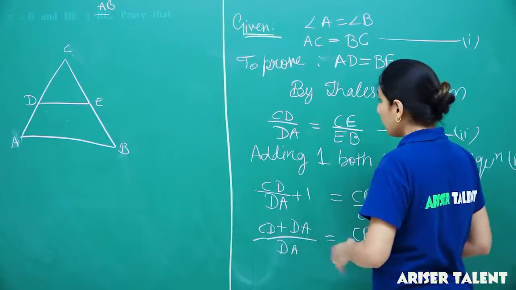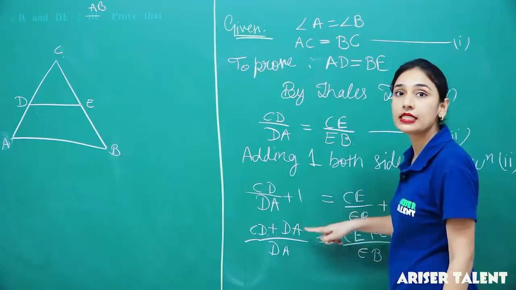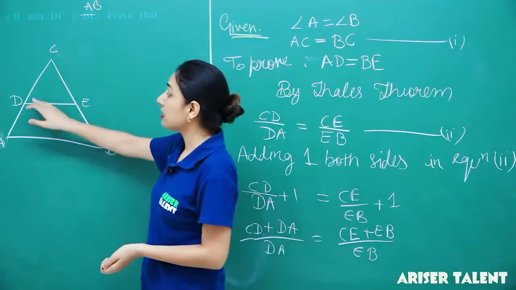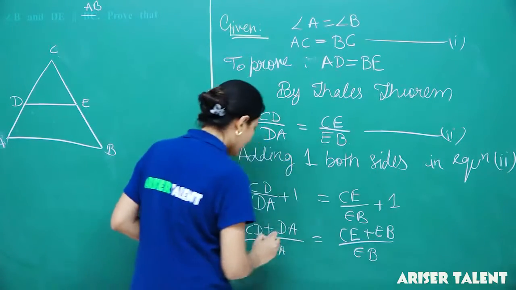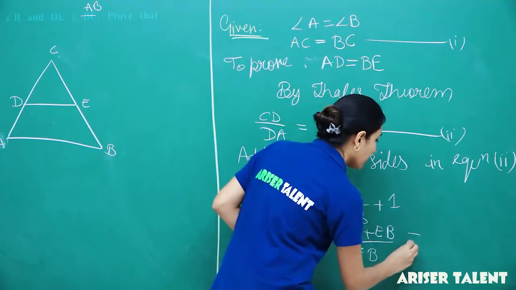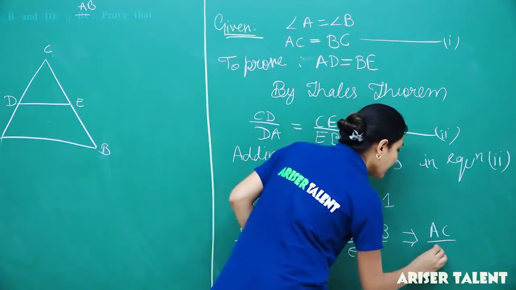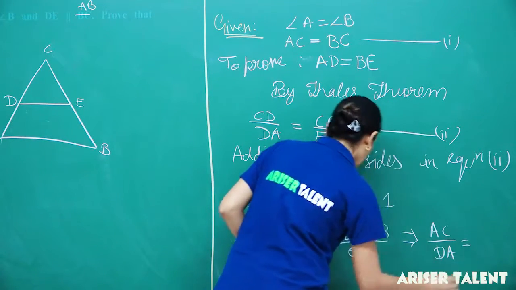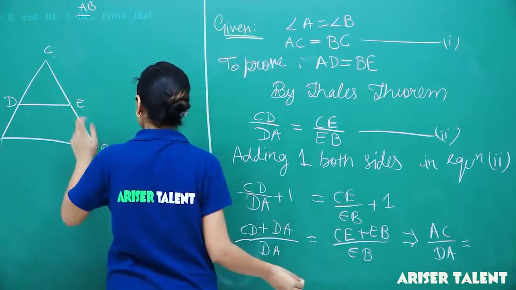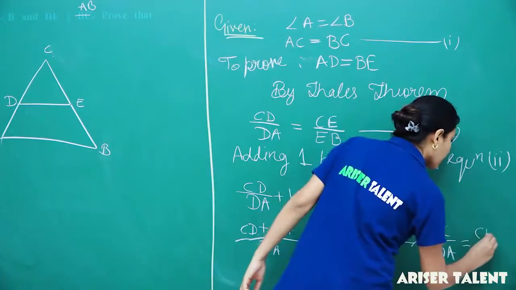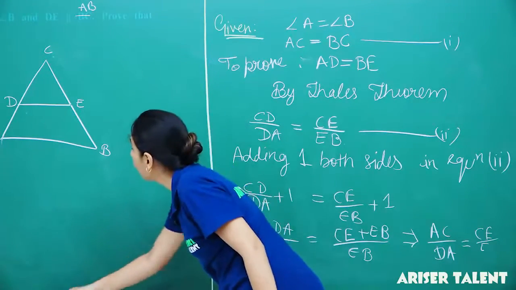Right students? Now looking at the figure, we can find out that CD plus DA is equal to what? AC. So we can just write AC divided by DA, and CE plus EB will be equal to what?